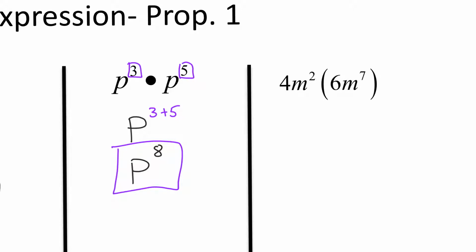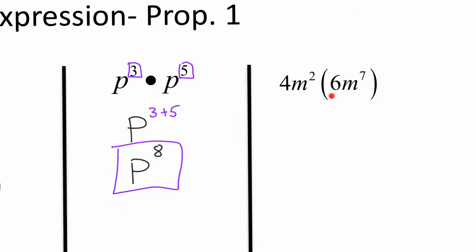Now, the next one, you also have variables here, but we have a monomial with a coefficient. 4 is your coefficient, your number in front of the variable. So 4m squared, that's a monomial, times, I don't have anything in between the parentheses and the monomial, 6m to the 7th power. So in these cases, notice that the coefficients are not the same base.